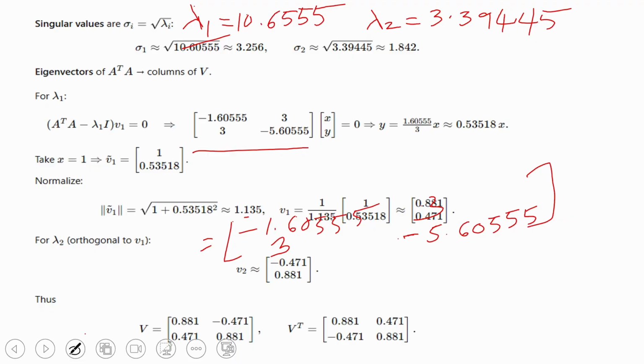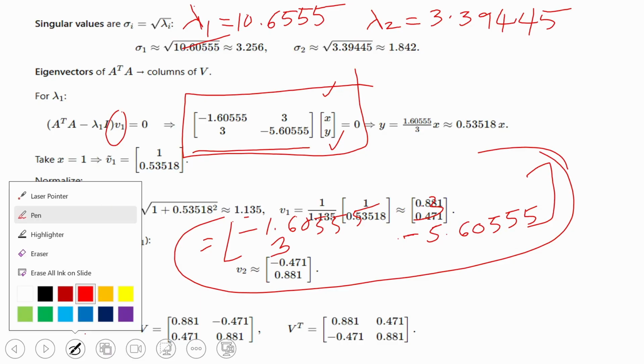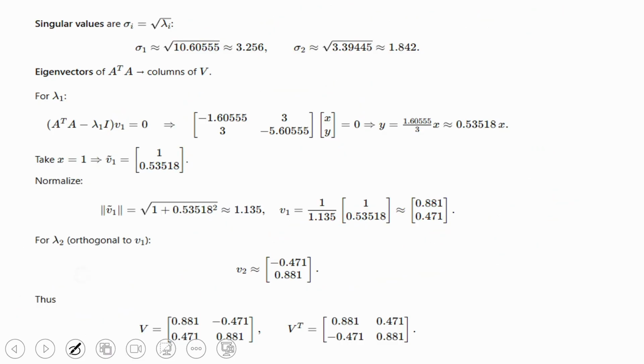Okay, this matrix, that into V1. V1 means here we need to put two variables in the column matrix. This is equal to 0. So we need to solve this equation. How to solve this equation?